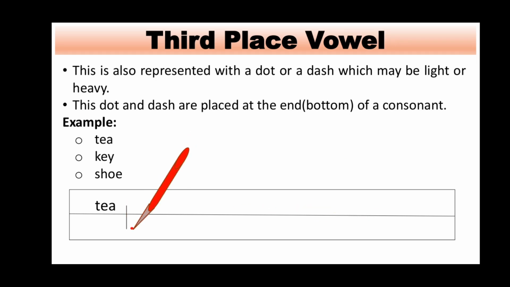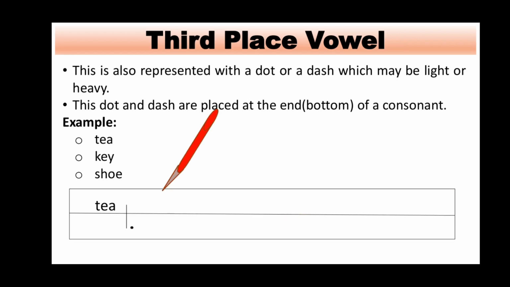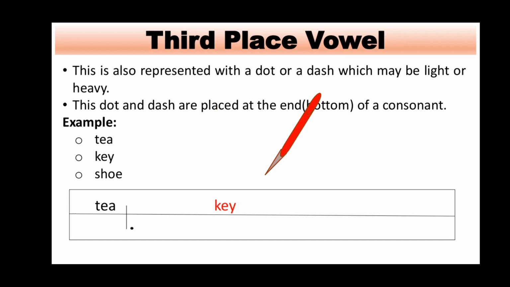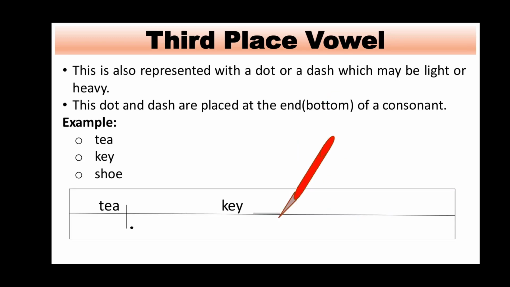So we place it. So tee. Let's take the word key. That is K-E. The K will be on the line, while the vowel will be at the end of the outline. That is where the drilling ends. So that is E for key.